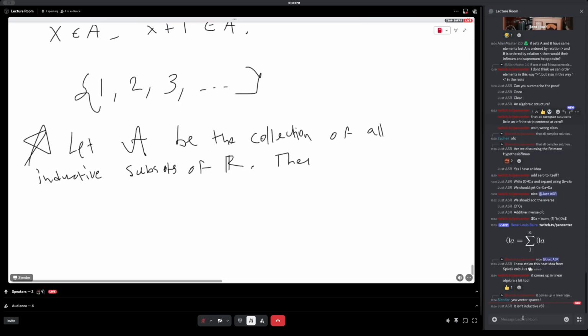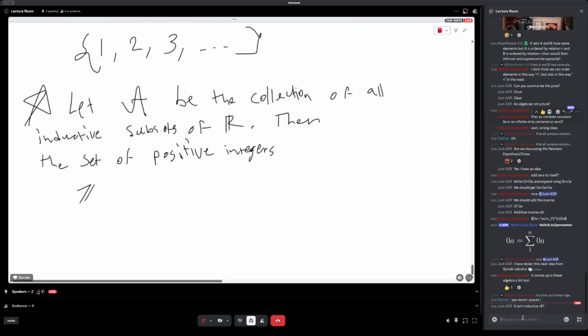Then the set of positive integers, we write this as Z with a plus in the subscript. The set of positive integers is the intersection, and we pick any element from this collection.